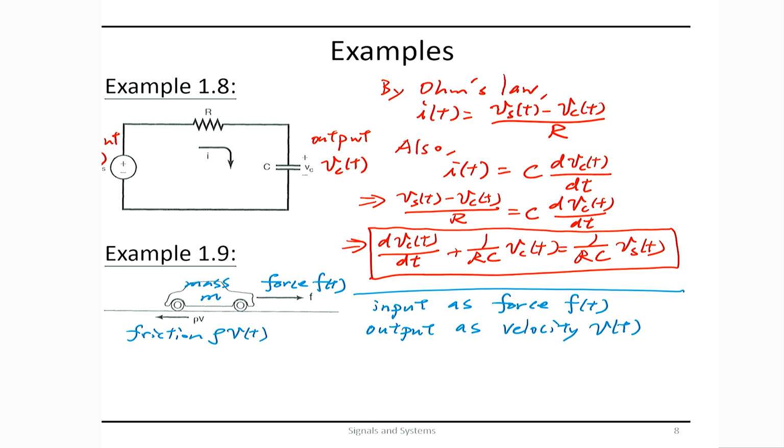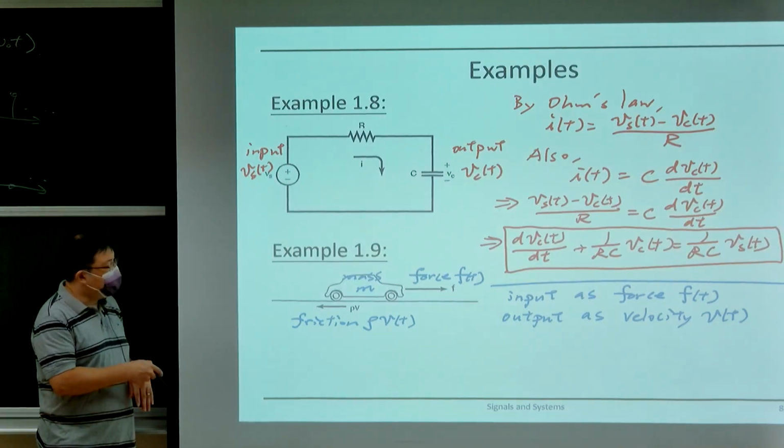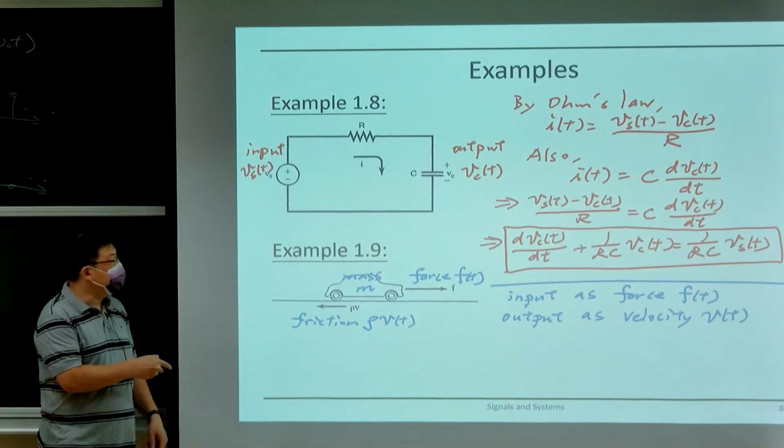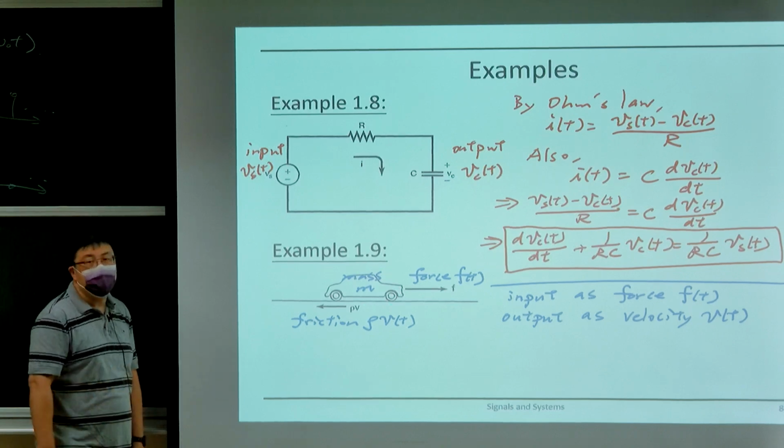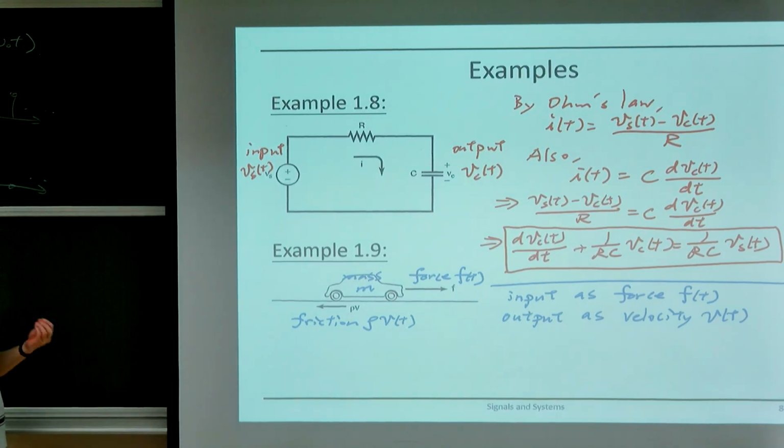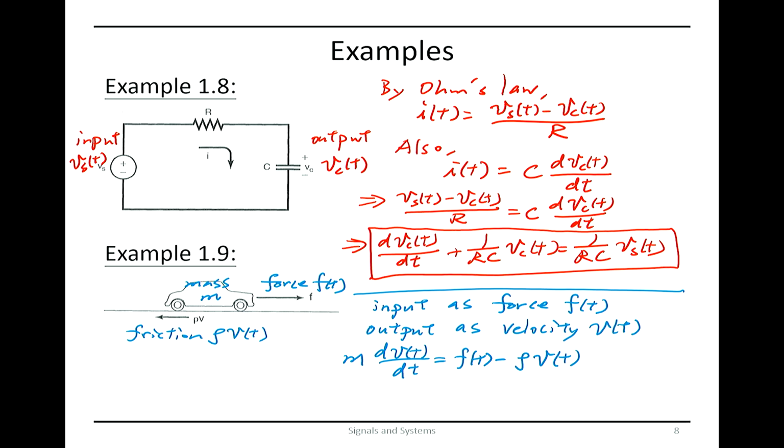All right. So we know that the equivalent force imposed on this vehicle is equal to the mass times its acceleration. So the mass times its acceleration, which is the derivative of the velocity, is equal to the equivalent force, which is F of t minus the friction rho v of t.